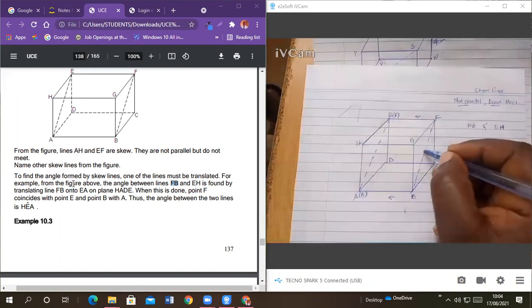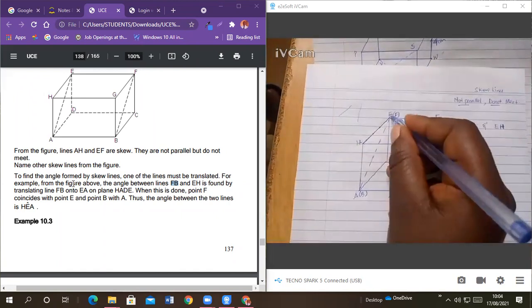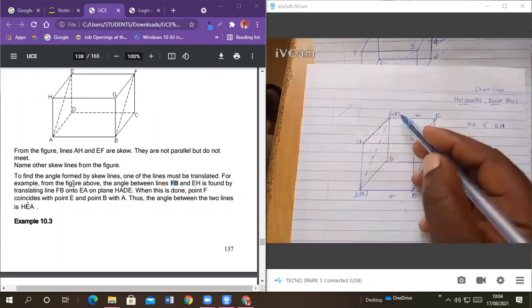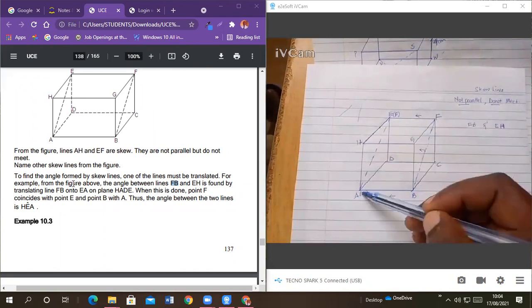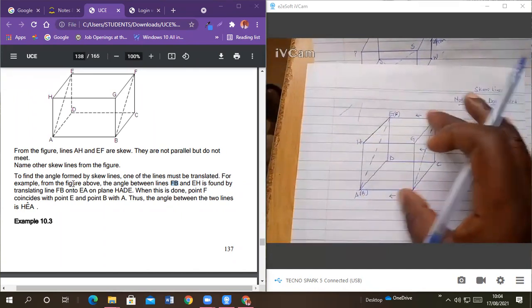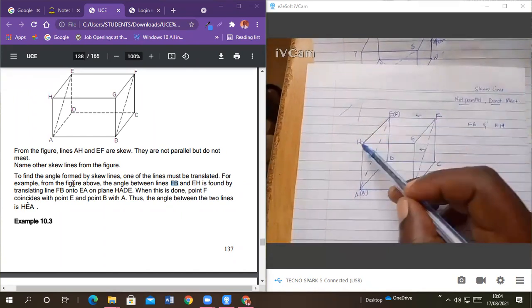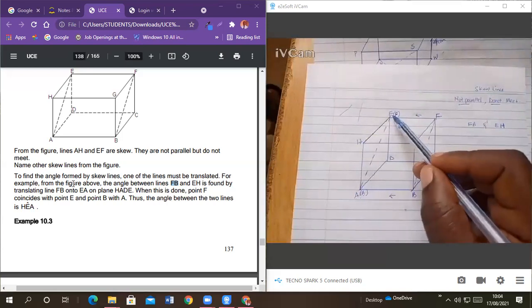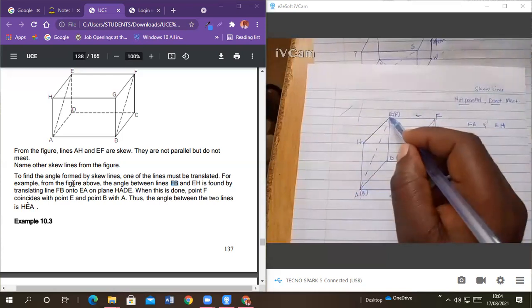So after shifting this line to EA, we are going to have FB and HE. Why do we shift this line here? So that the line HE and FB have a common point here.